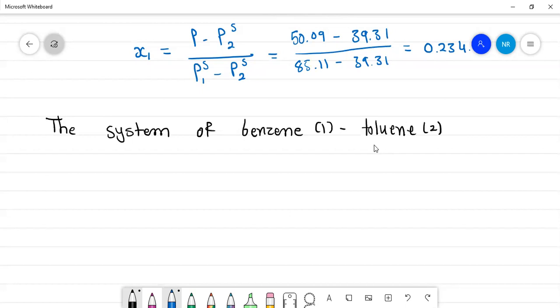For an ideal liquid solution, vapor pressure data are given below.